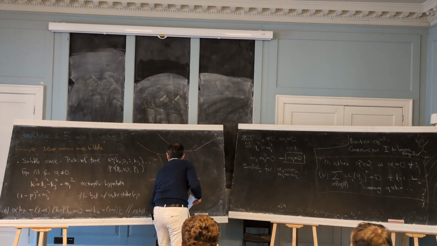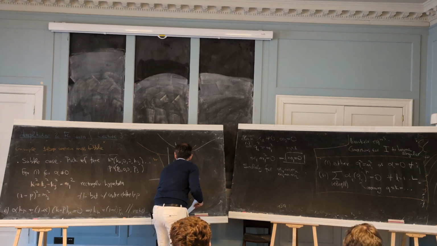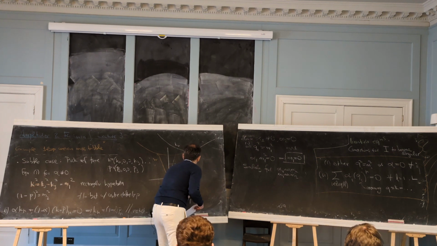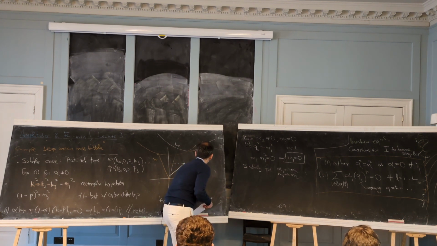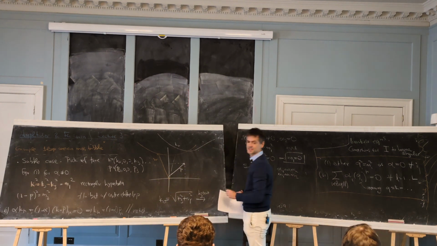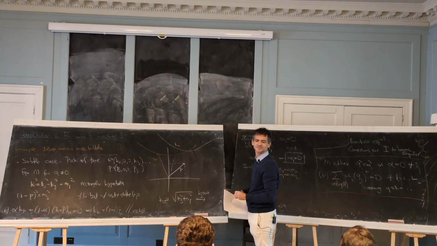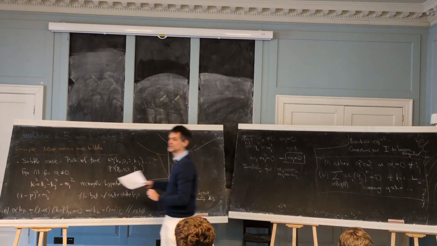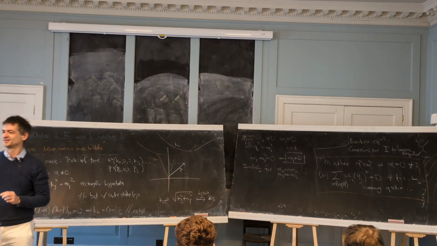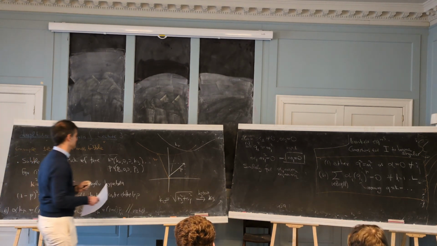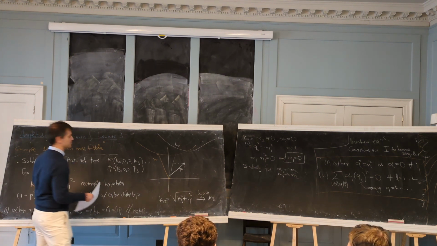K0 is the square root of k3 squared plus m1 squared, so if you take k3 to infinity, this becomes k3. So therefore k^mu is what? Light-like. Very good. And obviously the same for the other hyperbola.